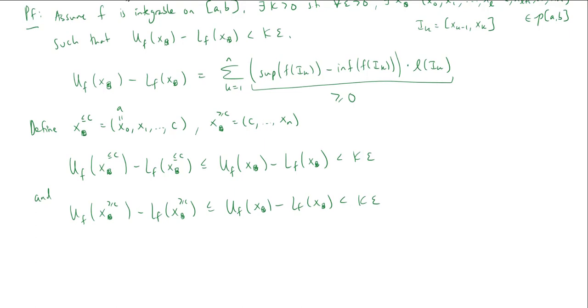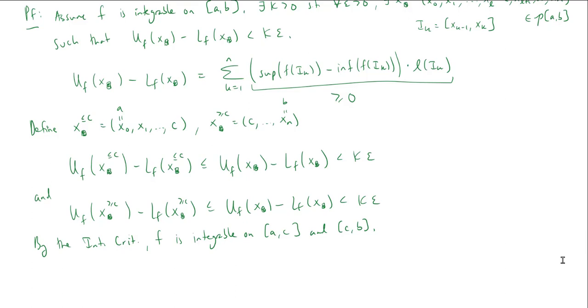So we're going to have integrability on AC, and then this xn is equal to b. So we have integrability on CB. So by the integrability criterion, f is integrable on AC and CB. Okay, so that's one direction.